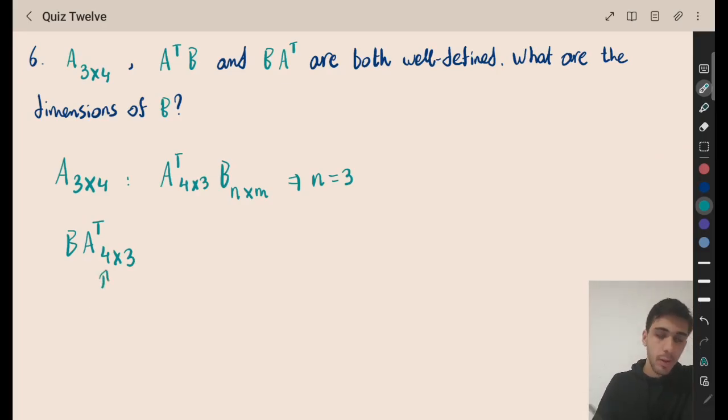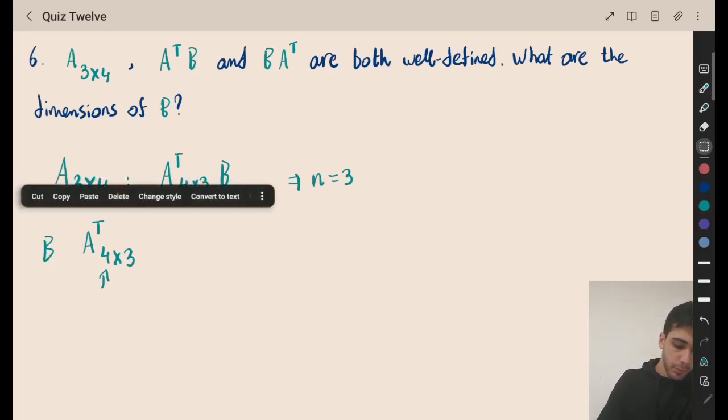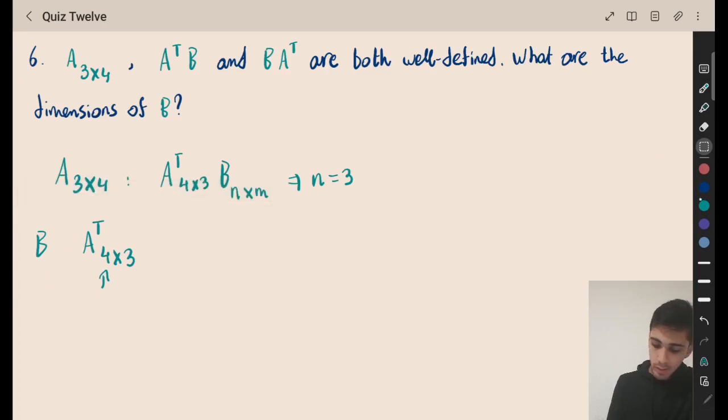It takes as input a 4-dimensional vector. And what B does, it takes in an n-dimensional vector, which we know now is equal to 3, and it outputs an m-dimensional vector. Now, the output should match the input, and that's really the idea of it.